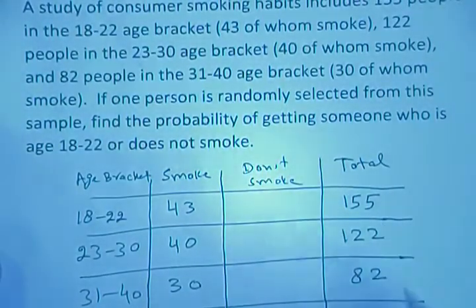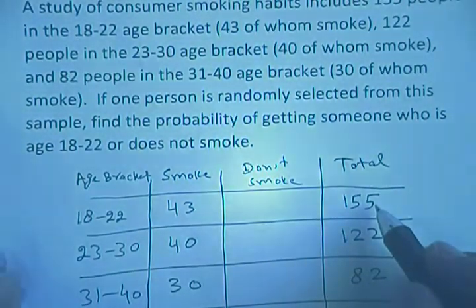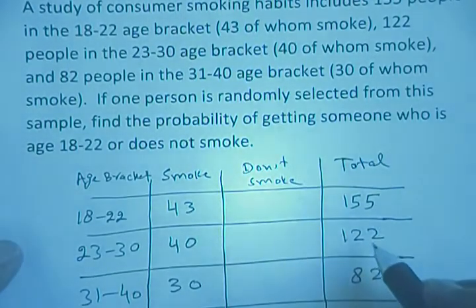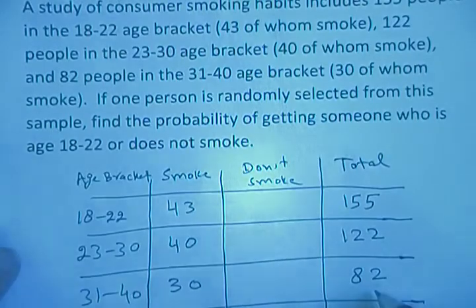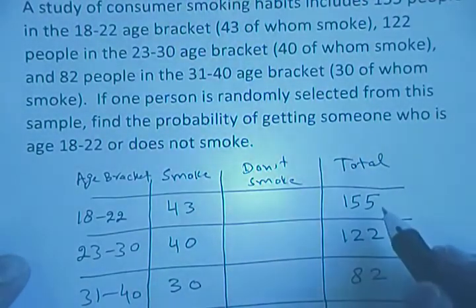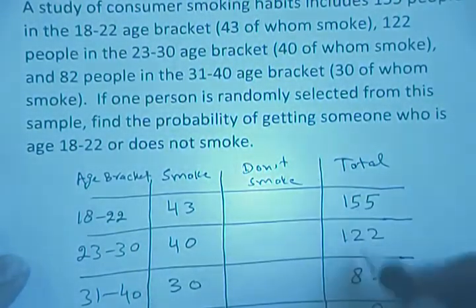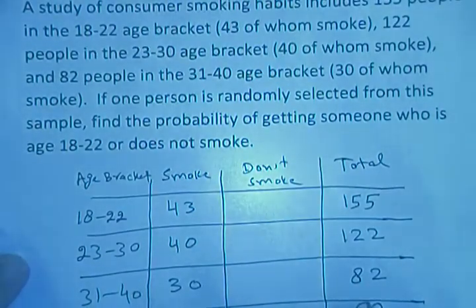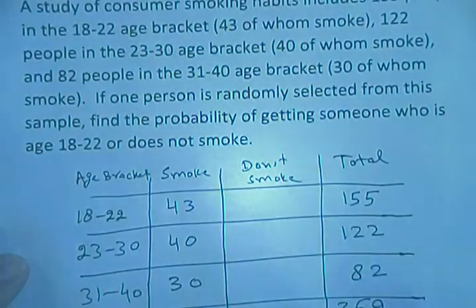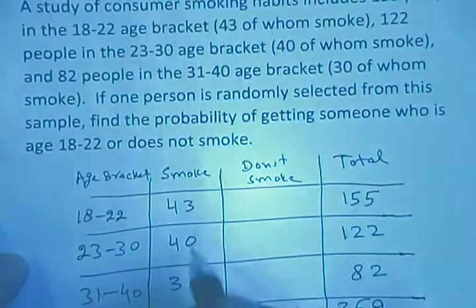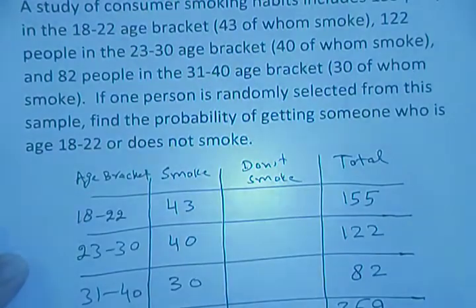So first thing is how many total people there are. You see 155 in the first age group, then 122 in the second one, and 82 in the third one. If you add all of them, this would turn out to be 359. And if you total the smokers, 43 plus 40 plus 30, that is 113.